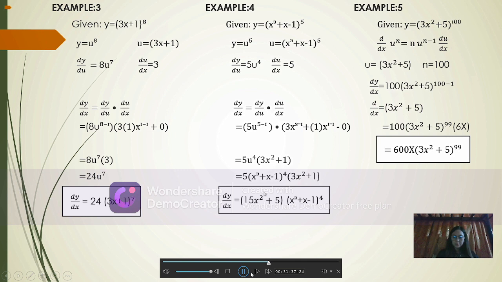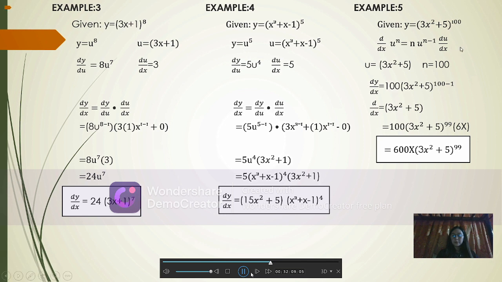Dito natin nakuha, kasi 5 times 3x squared, magiging 15x squared. Then, plus 5. Lagyan natin 5. Then, rewrite lang ulit natin yung x cubed or yung u dito sa right side, yung x cubed plus x minus 1 to the fourth power.